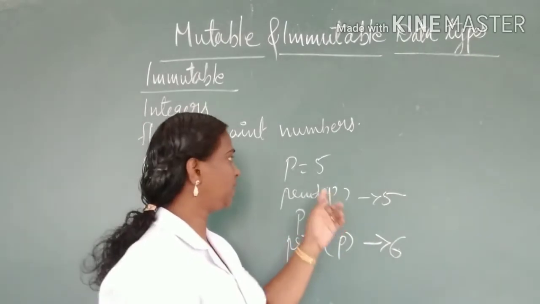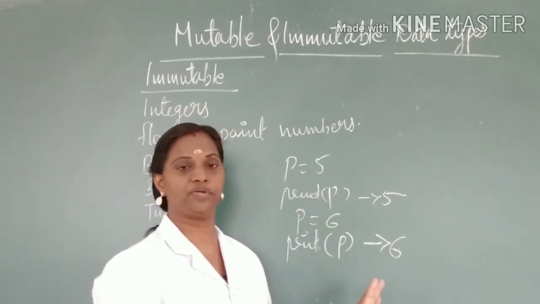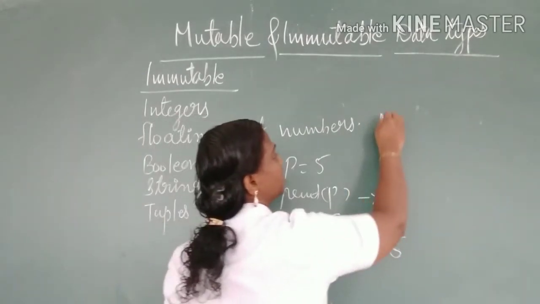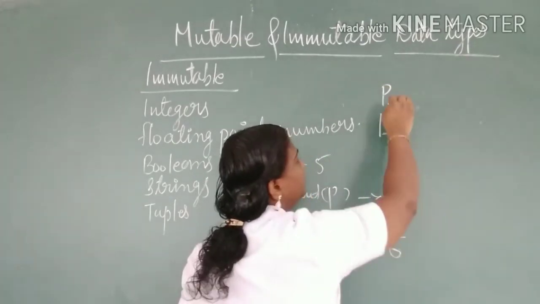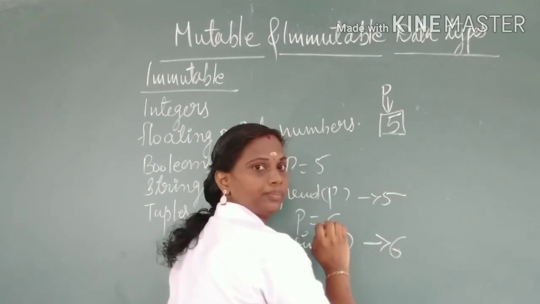Maybe you will think that now we can change the value of this p. But it is not possible. What is happening in the internal memory is that here we have one memory location for p. Here this p is assigned the value 5.